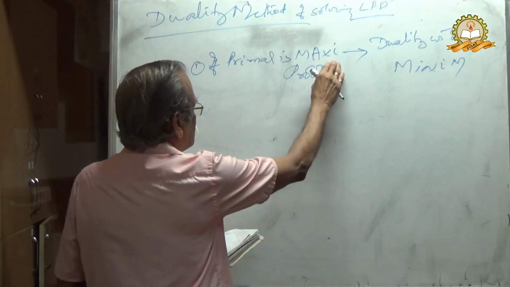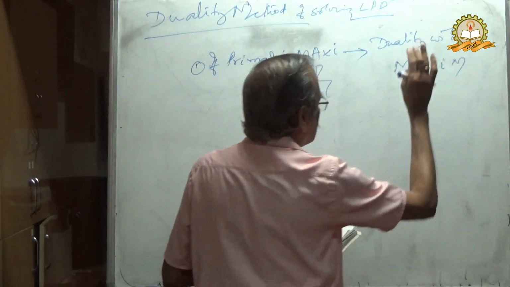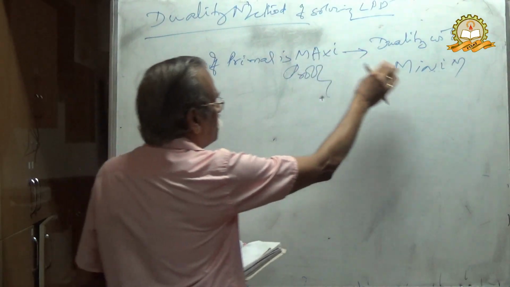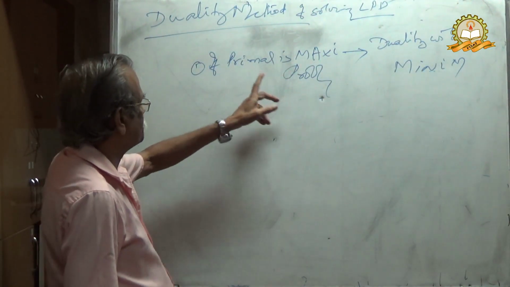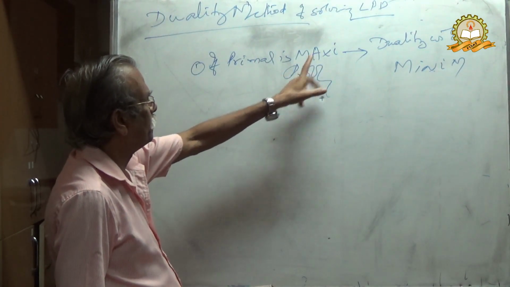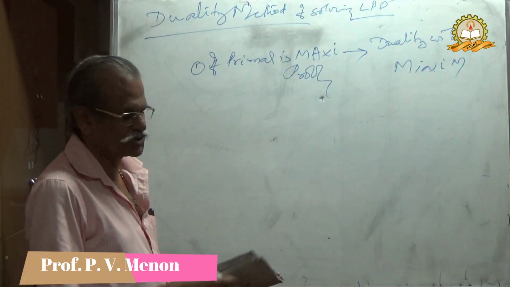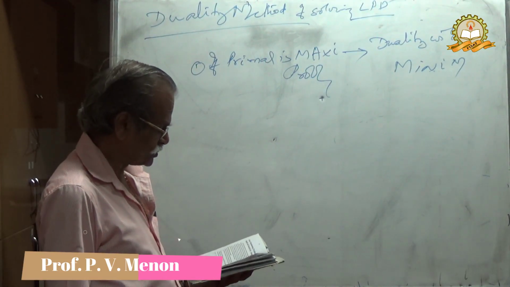Primal maximization, dual minimization, and vice versa. If the primal is minimum, the dual will be maximum, and vice versa.